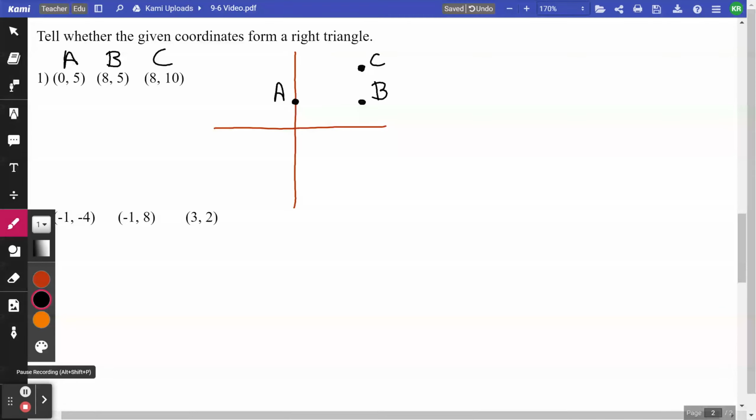If I plot those points, A, B, and C, (0, 5) to (8, 5), and then (8, 5) to (8, 10), and then I connect there, I can see that those 2 lines will be perpendicular to each other, A to B and C to B. Therefore, we do have a right triangle. So that's one of the ways you could solve this.